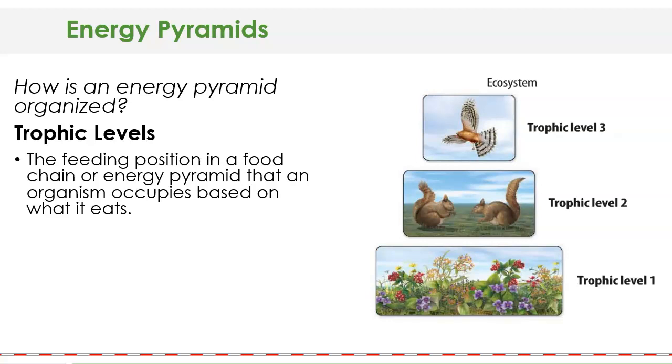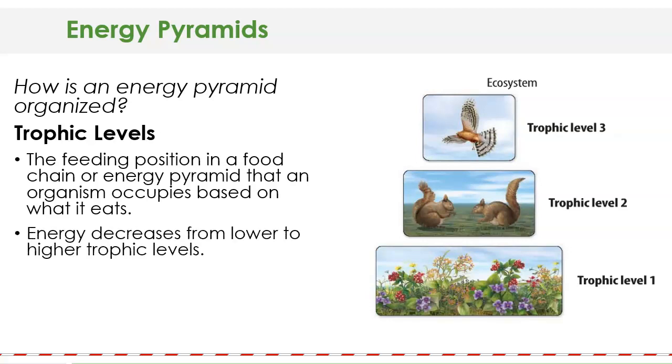So where an organism gets placed, which trophic level it gets placed in on the energy pyramid, all depends upon what it eats. Energy decreases the higher we get on the energy pyramid. So it decreases from lower to higher trophic levels. The higher you go on the energy pyramid, the less energy that is left.